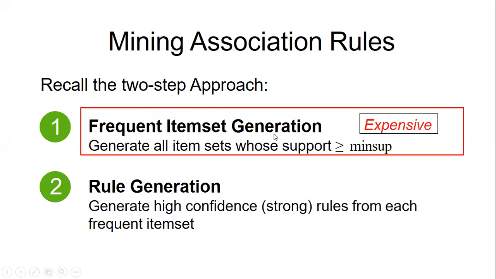Here we will be generating the frequent item sets, finding an item set to be frequent by using the condition that the support of the item set is greater than or equal to the minimum support threshold. Usually this step is more expensive, as we saw in the two algorithms, the naive algorithm and the Apriori algorithm.